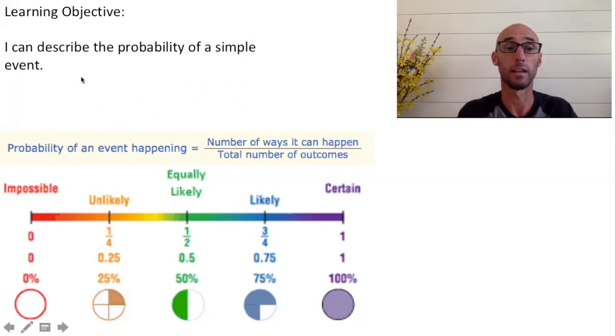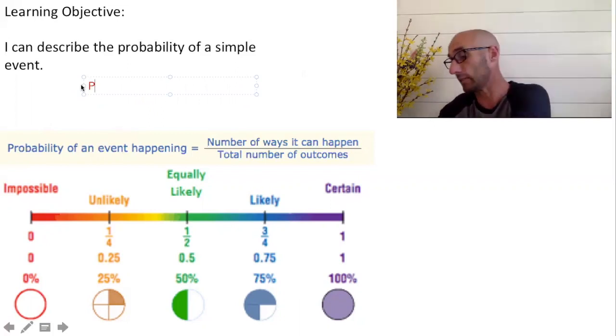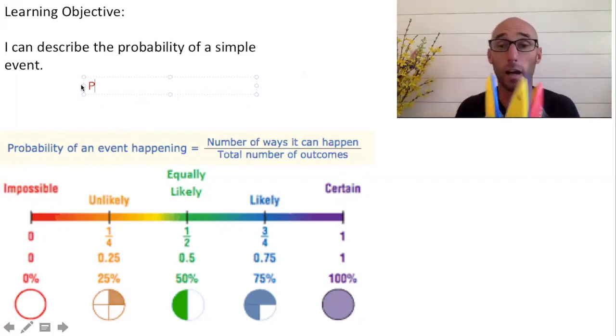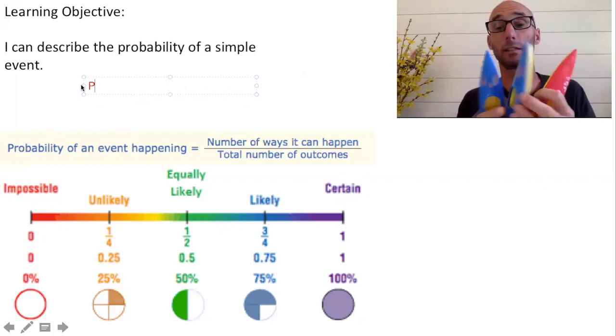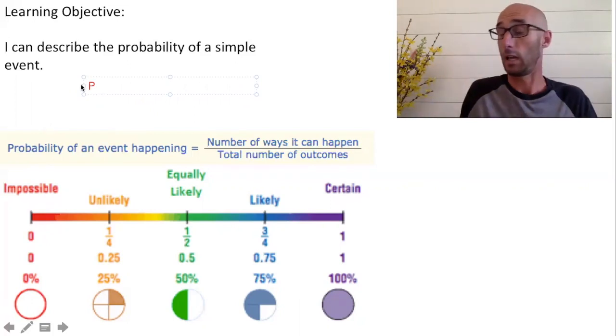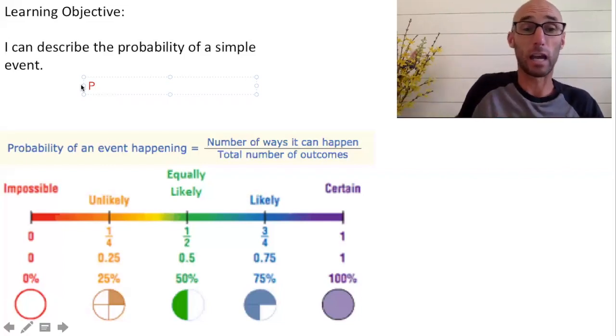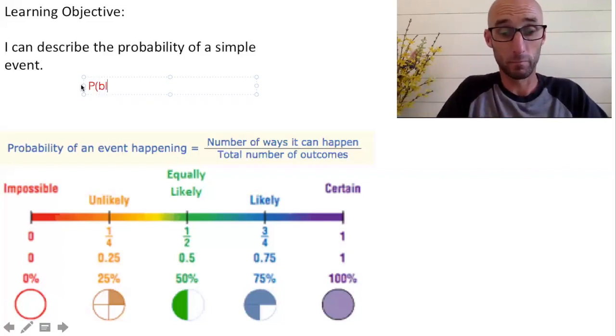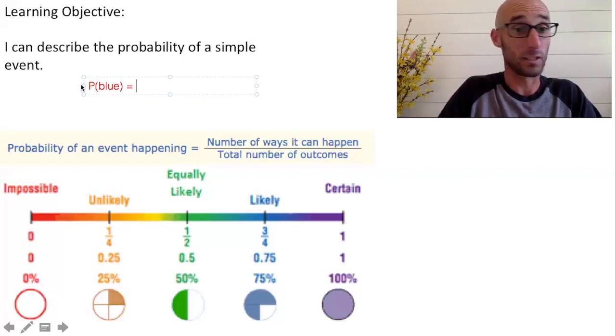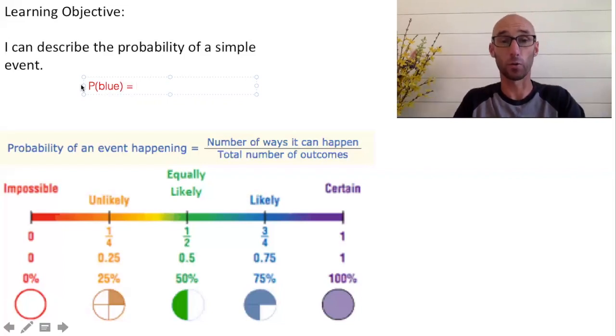Let's take another example. Let's play with some toy kayaks. I have 3 of my toy kayaks. What is the probability of selecting a blue kayak? We start with our total number of outcomes.